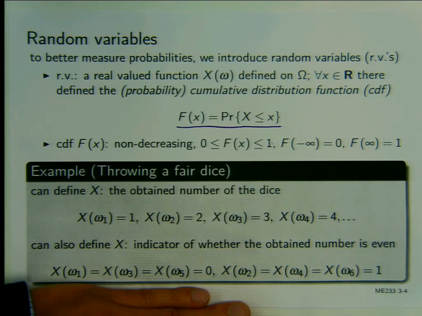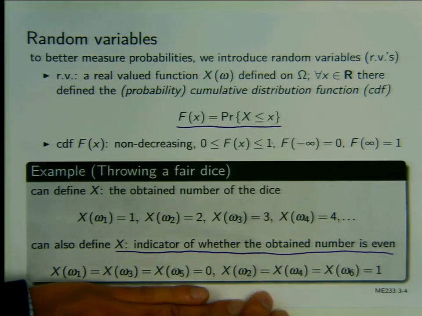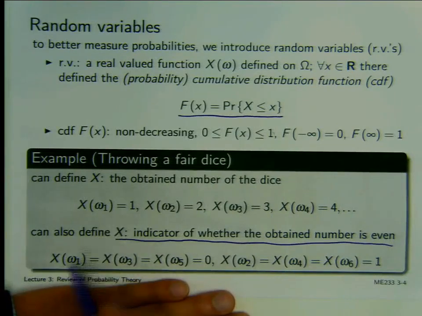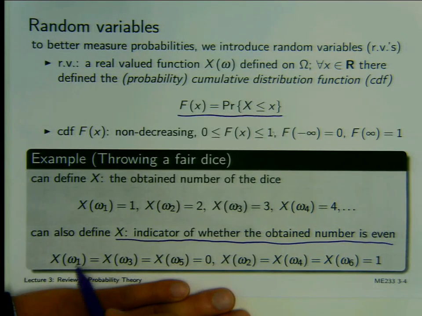I can define this random variable as the indicator of whether the obtained number is even, okay? Then in this case, different outcomes are mapped into totally different numbers, you see? If I throw a dice and I get the outcome of 1, then this random variable is 0 because it's not even.